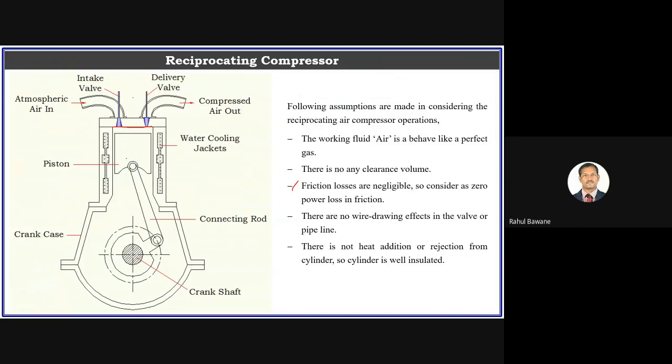That means we assume perfect lubrication, and power is not used to overcome any kind of friction: friction between piston and cylinder, between the rotating shaft and bearings, and all the moving parts. But in actual there is always some friction, and some power is lost to overcome it.